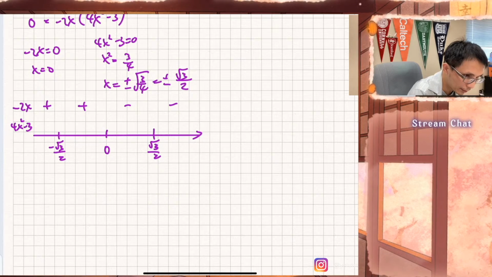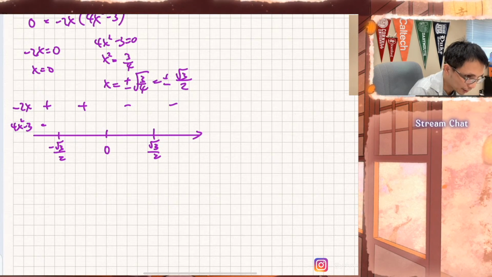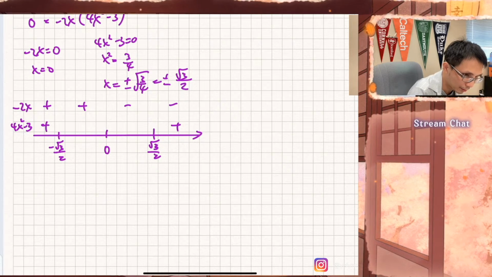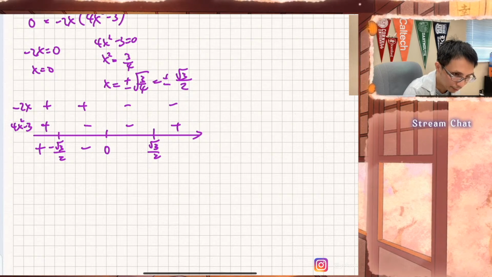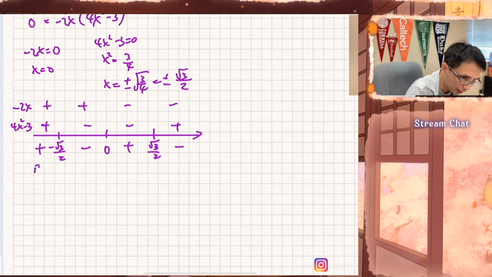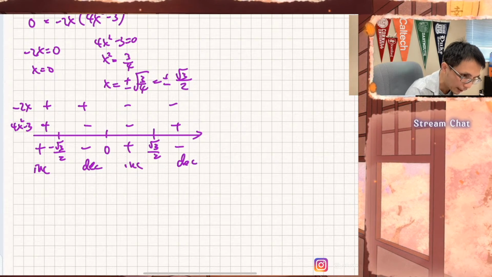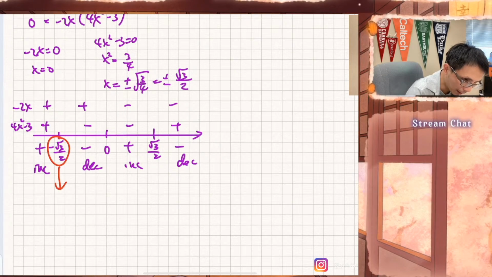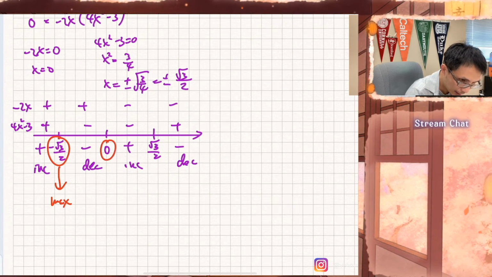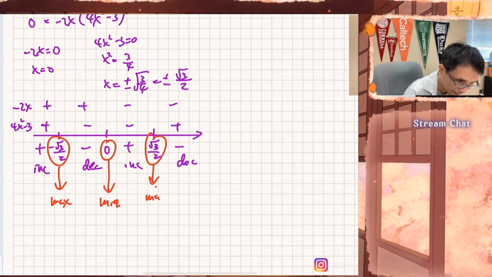If I plug in something greater than square root 3 over 2, like 5, negative 2x is going to be negative and 4x squared minus 3 is going to be positive. So I will get positive, negative, positive, negative. So it'll be increasing, decreasing, increasing, decreasing. That makes this a max, this a min, and this a max.